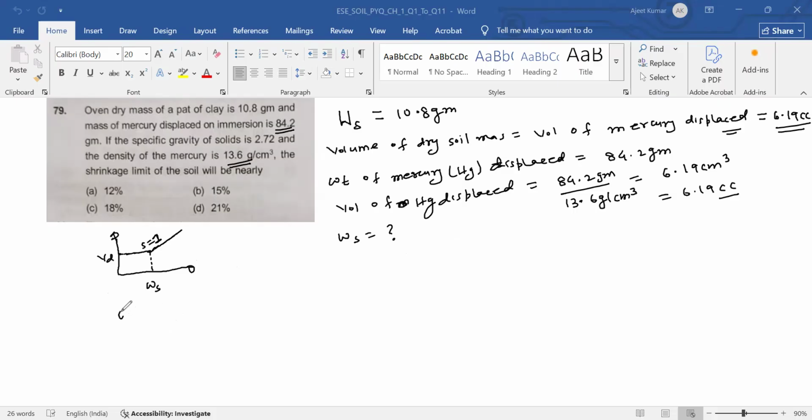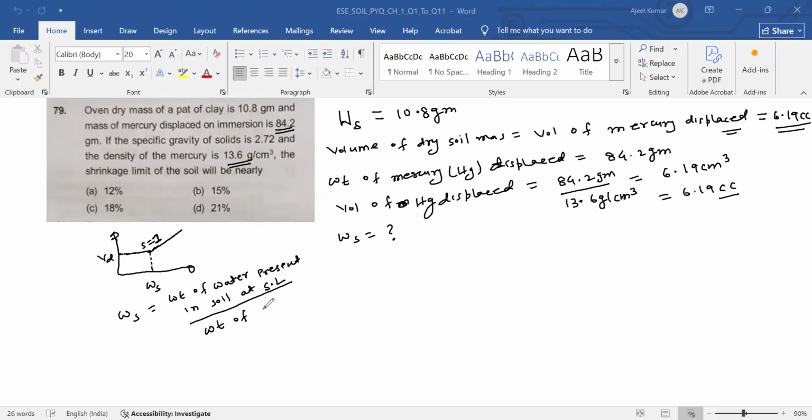WS is nothing but the weight of water present in soil at shrinkage limit divided by weight of solid.